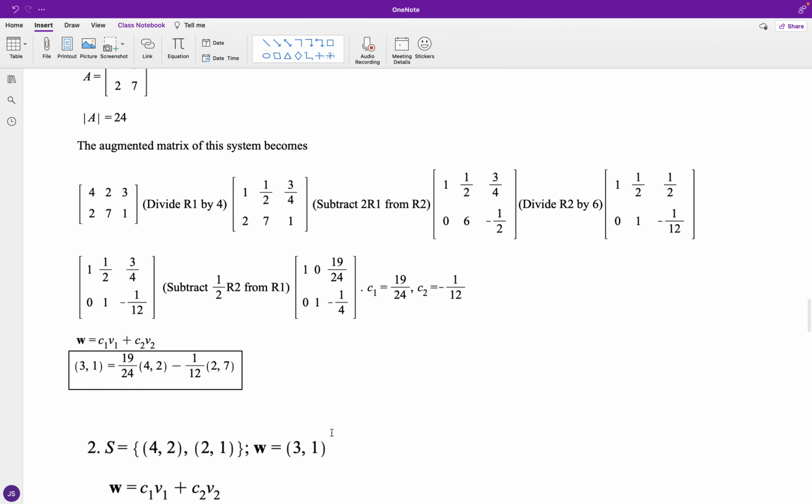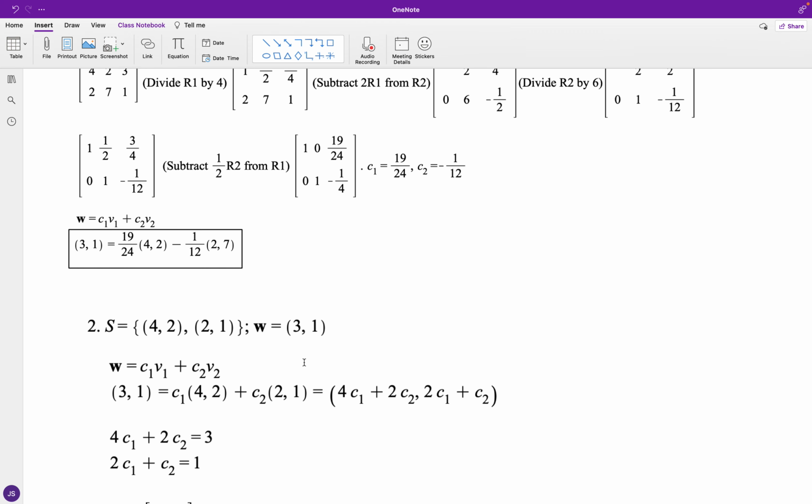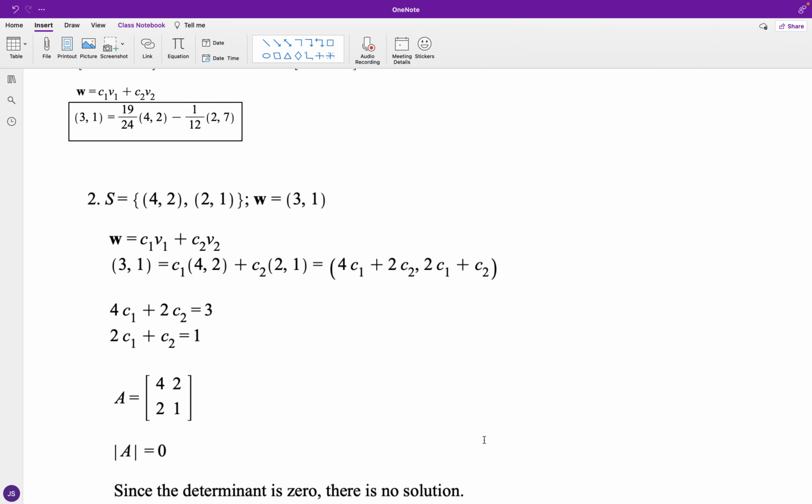And we have a second case here, where I'm keeping the same values for w. The change this time is in S. Again, I still have (4, 2), but this time instead of (2, 7), I now have (2, 1). With the substitution, the system of equations is 4c₁ plus 2c₂ is equal to 3, and 2c₁ plus c₂ is equal to 1.